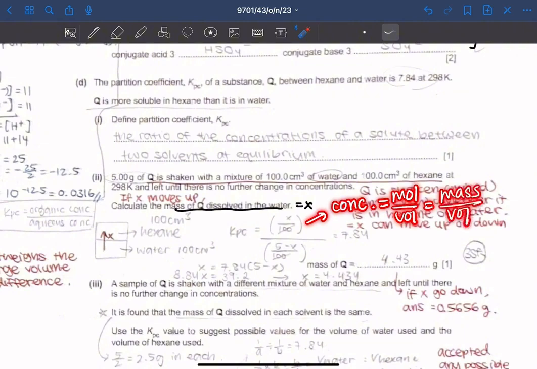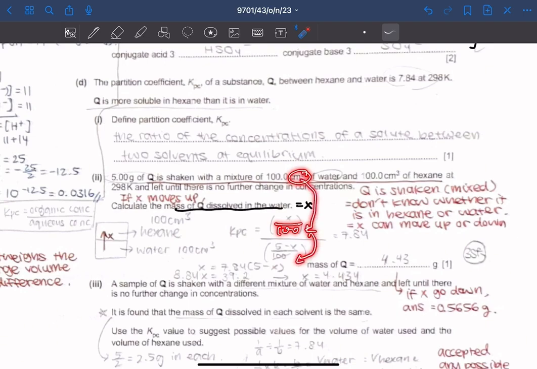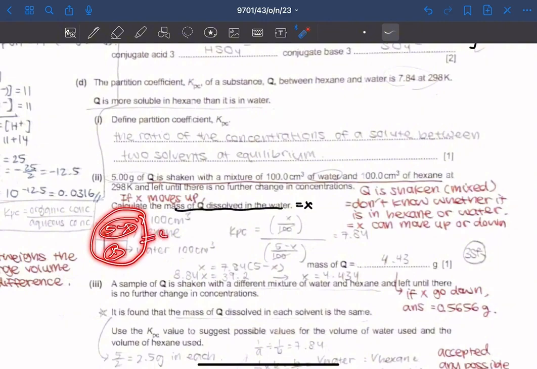So in this case, I use mass, which is X grams over 100 cm cube. You don't need to convert it to dm cube because it will cancel out later, because 100 cm cube is present for hexane as well. So for hexane, 5 grams minus X is present. So if X is present in water, 5 minus X is present in hexane. Then they total up to 5 grams of Q.